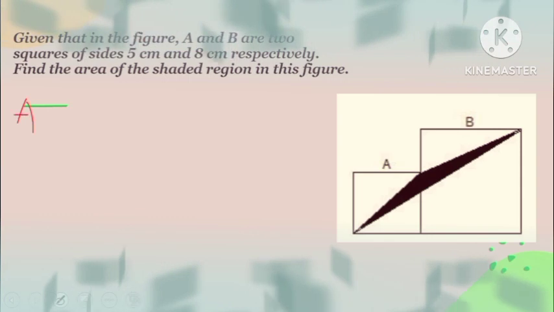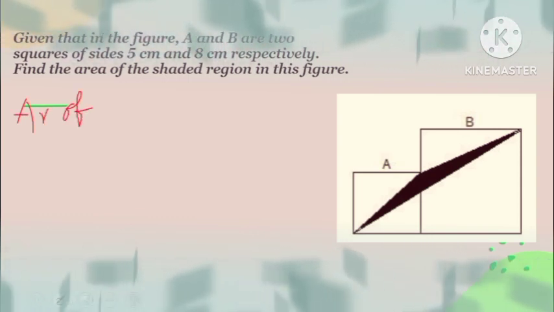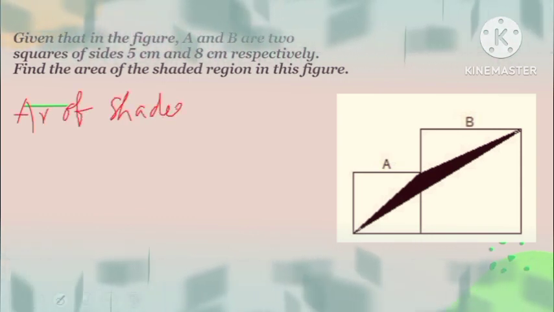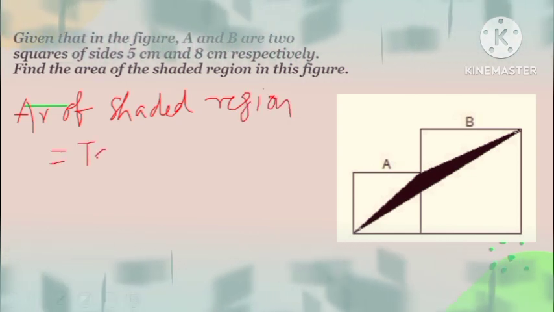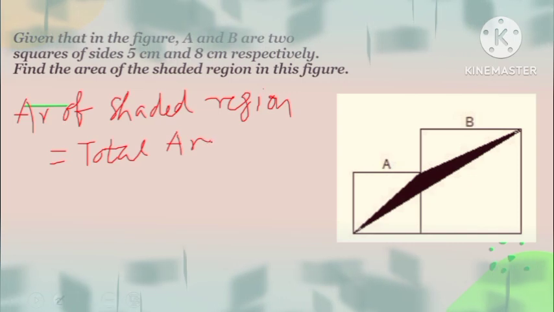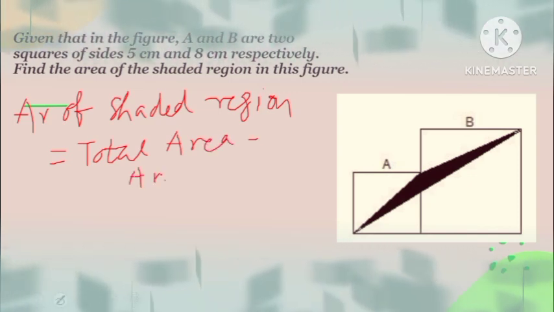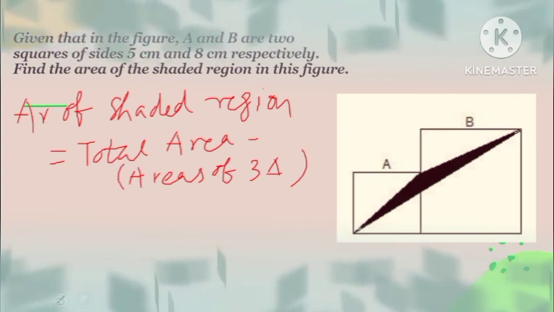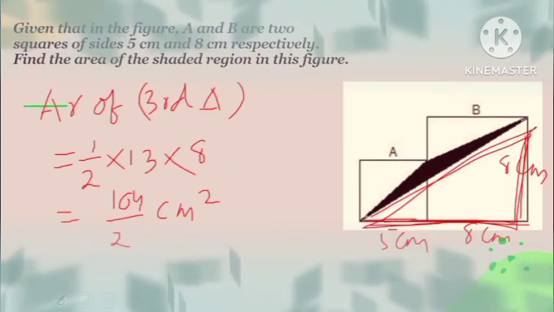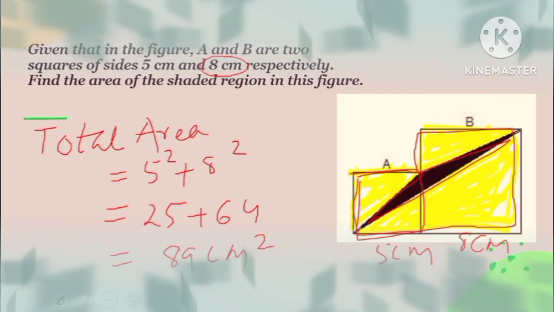So the area of the shaded region is equal to the total area minus the areas of the three triangles. Right, the total area we have already got is 89 cm square.